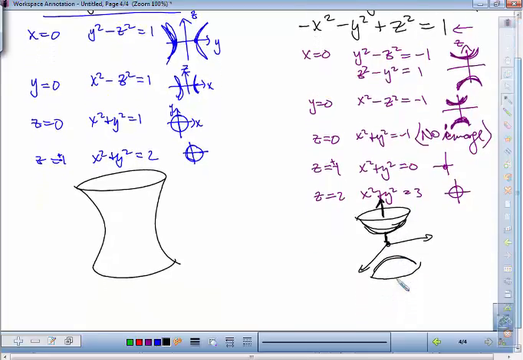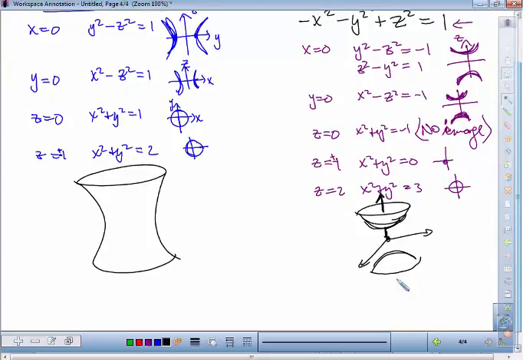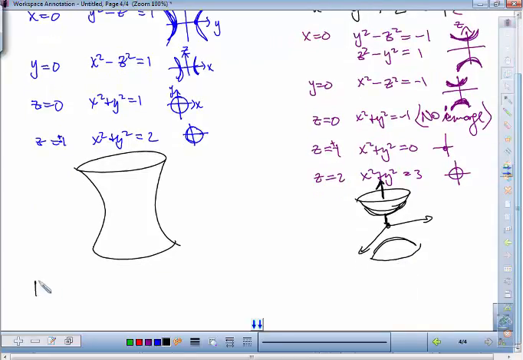So this is what we get. These are called hyperboloids. The first one is called a hyperboloid of one sheet.